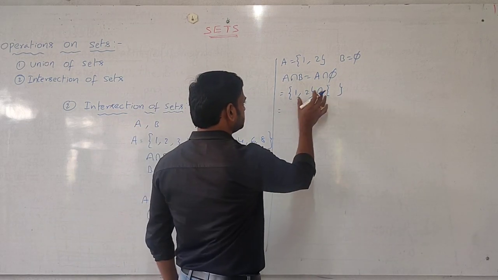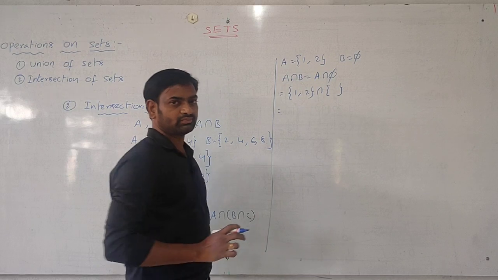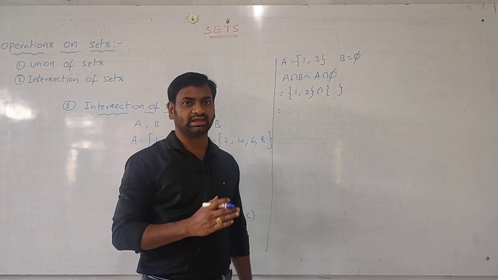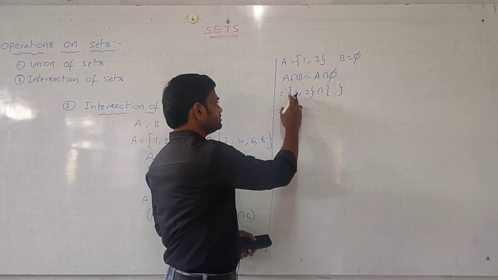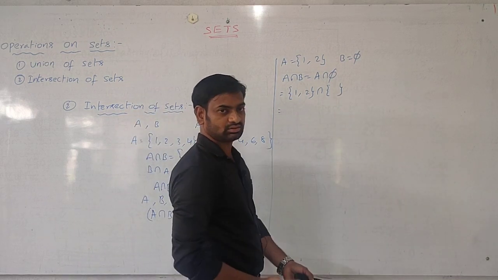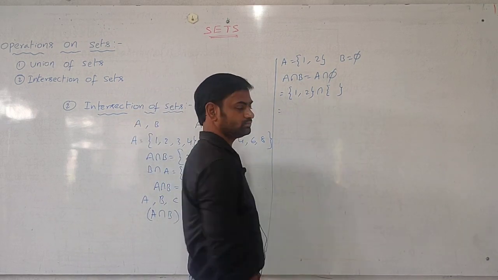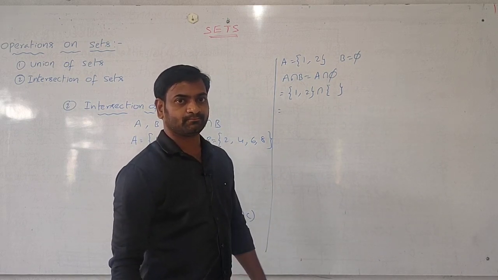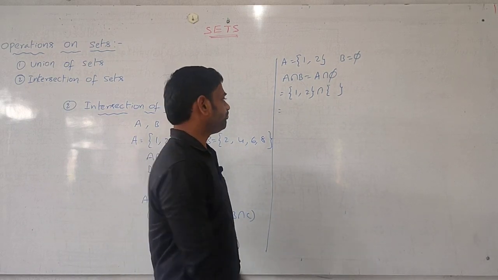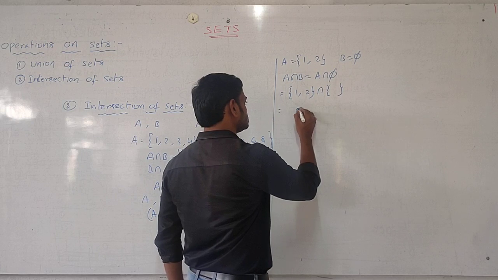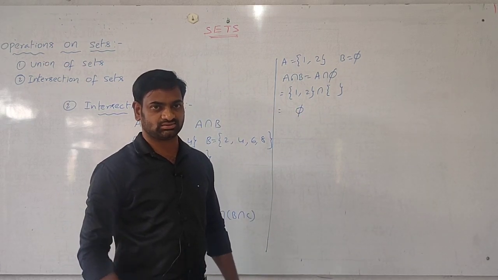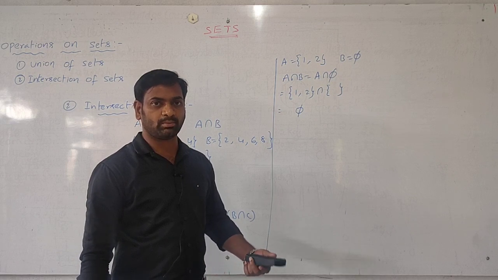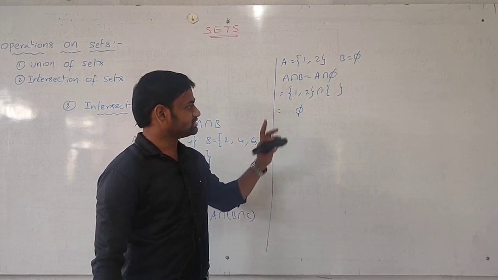Now for these two sets, what are the common elements? Any common element is there? Here 1 is there, there is no 1. Here 2 is there, there is no 2. There is no common elements. When there is no common elements, it is phi, the empty set.